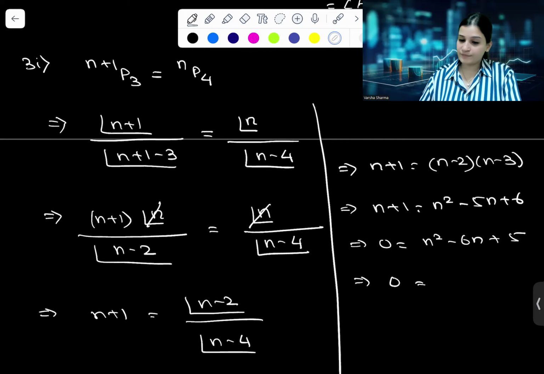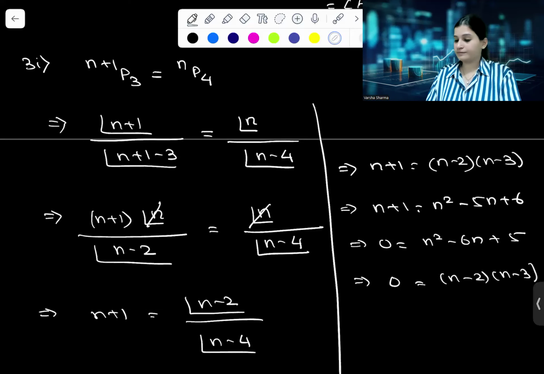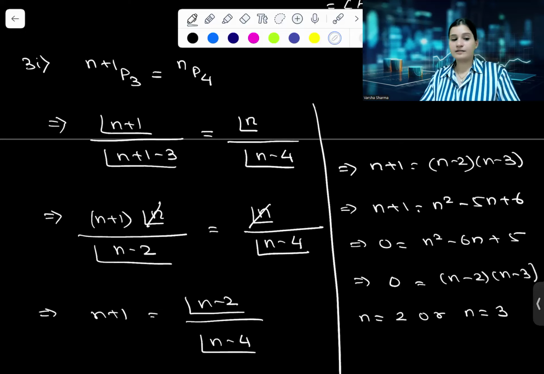Midterm. n minus 2, n minus 3. So n has two values, n equal to 2 or n equal to 3. Something is wrong. Something is wrong here.